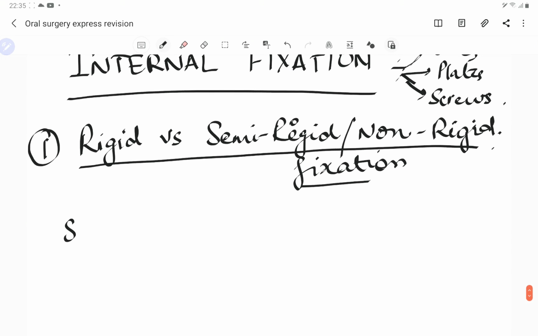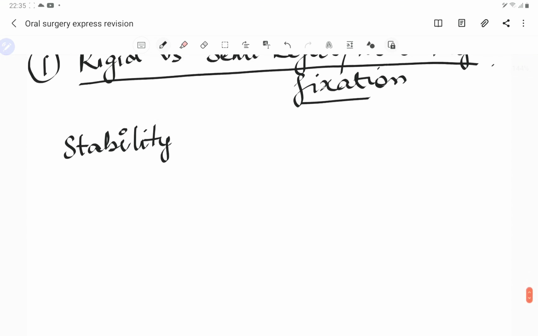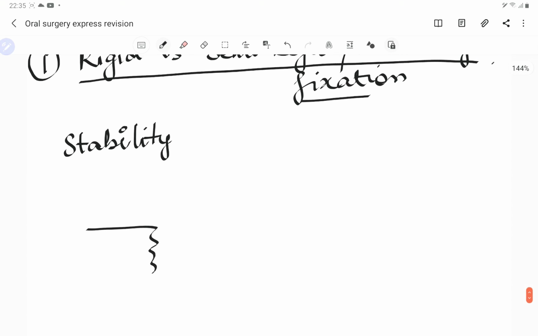If there is no movement of the fracture segments after you have done the fixation, say suppose this was the fracture and this was the fracture, this is before you have done the reduction. So surgically you have done the reduction of this fracture, you have taken both these fragments together and then you have put a plate over here.